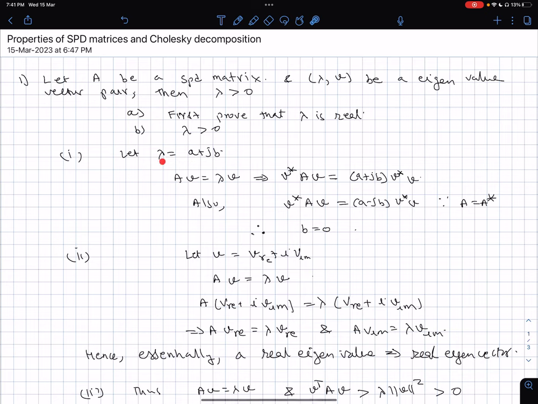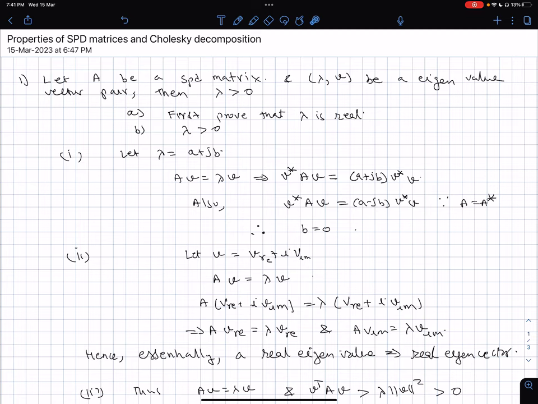So let's say, to the contrary, that it can have a complex eigenvalue of the form a plus jb. Then I'm going to show that b has to be equal to 0. So suppose this is a complex eigenvalue, and unless otherwise stated, my V eigenvector is always normalized to unit length.